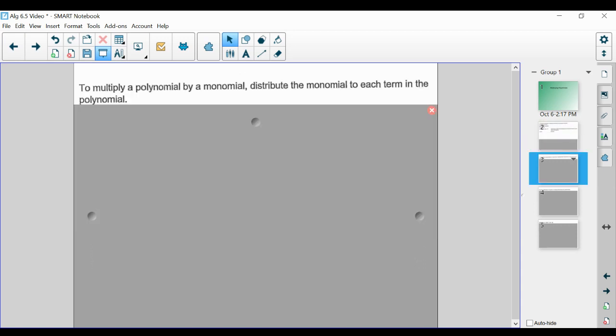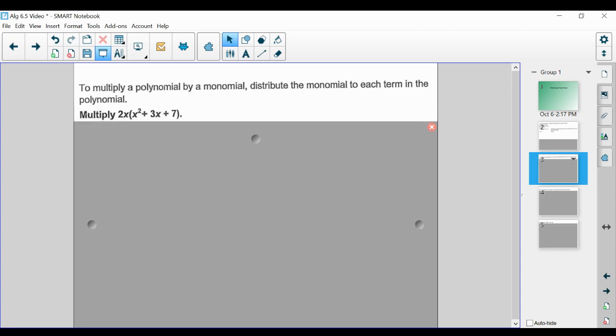To multiply a polynomial by a monomial, we're going to distribute the monomial to each term within the polynomial. And again, that might sound complicated, so let's go through and talk about what we mean. Let's say we want to multiply 2x by the polynomial x squared plus 3x plus 7.